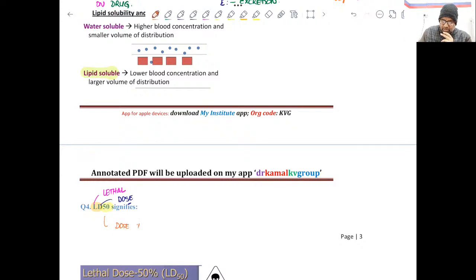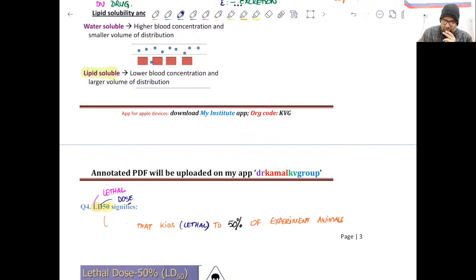Dose that kills, means that is lethal to 50% of experiment animals. Clear? So this is lethal dose.